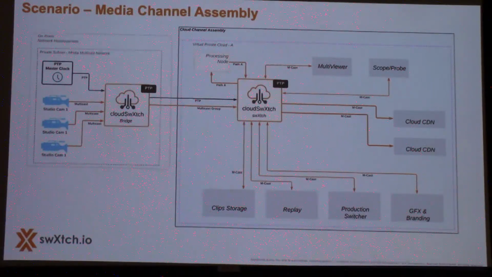Maybe just to add on to that, or clarify in a different direction. What you're showing is really a live production type of setup in the cloud. A lot of the vendors, be it an Evertz or a Ross or a Grass Valley, have their things in the cloud, and a lot of those productions today are done in, say, NDI.